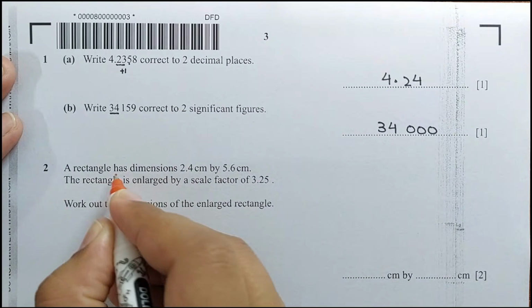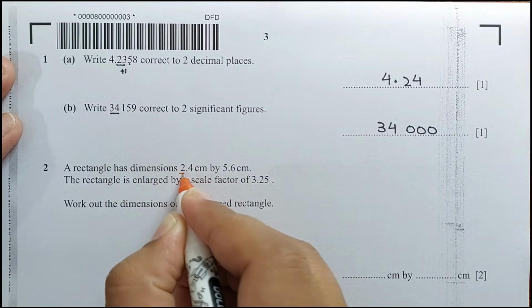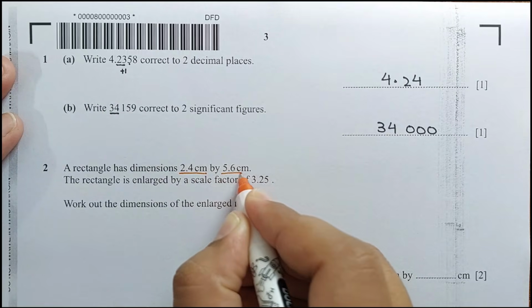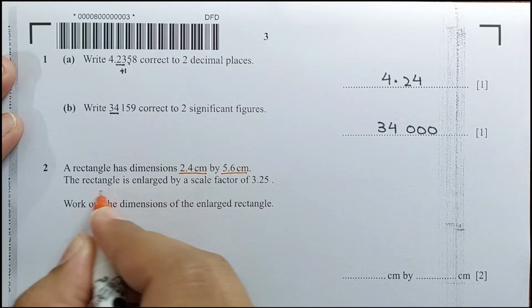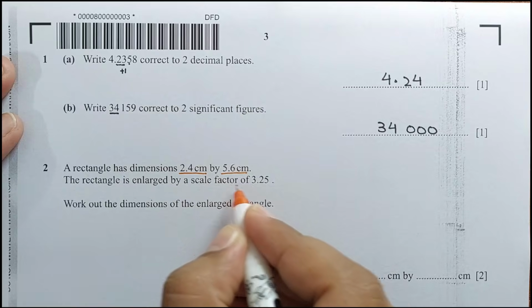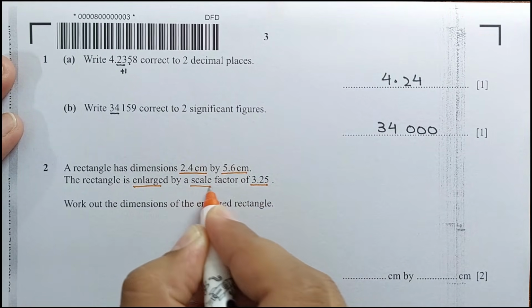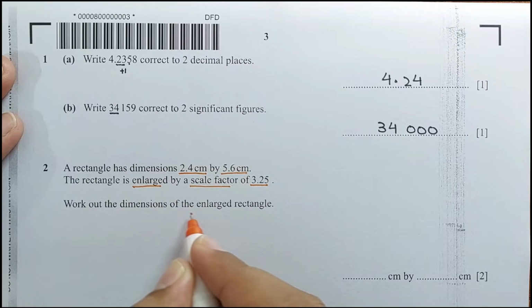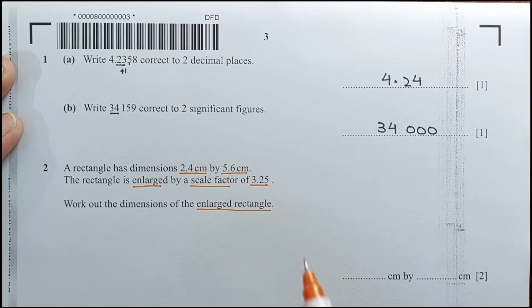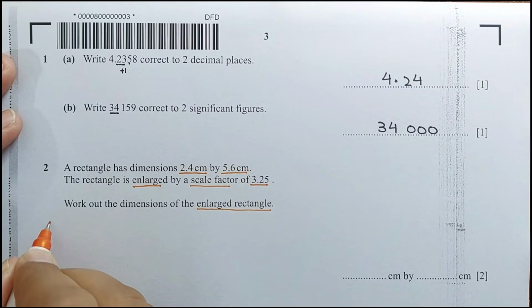Question number 2. A rectangle has dimensions 2.4 centimeters by 5.6 centimeters. The rectangle is enlarged by a scale factor of 3.25. Work out the dimensions of the enlarged rectangle.